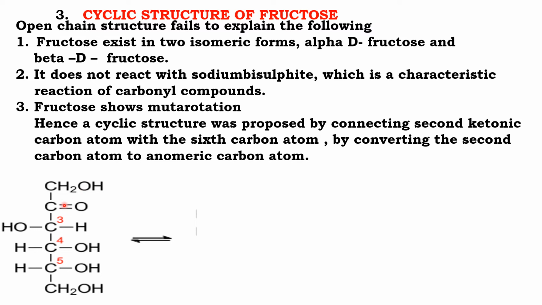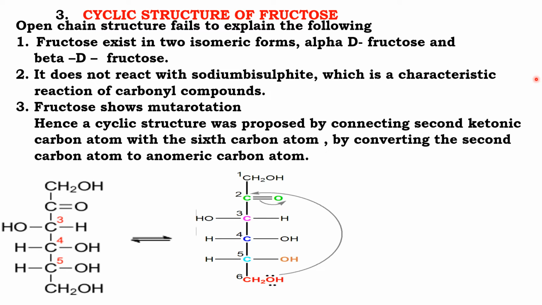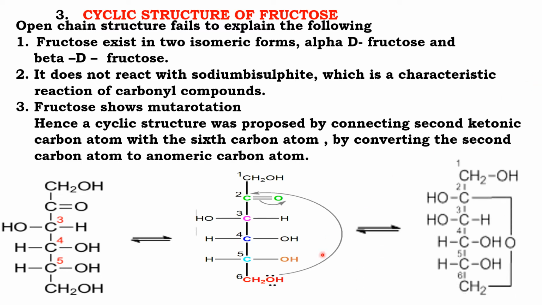See here, this is the C double bond O. This C double bond O gets connected with the CH2OH group. So an oxygen linkage will appear, and that oxygen linkage, see here, this lone pair of electrons is attacking here. So we will get a structure here.